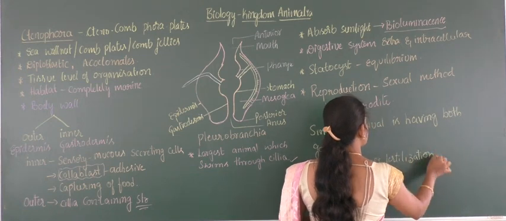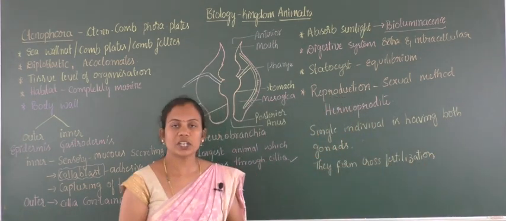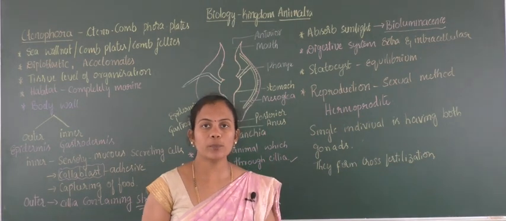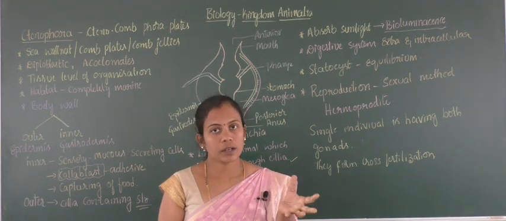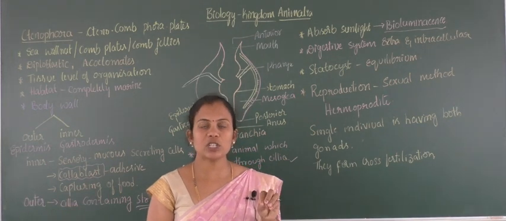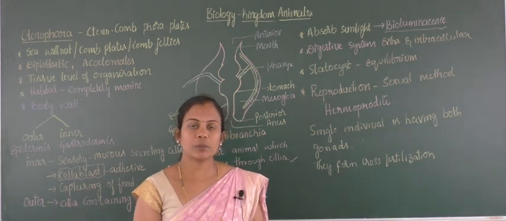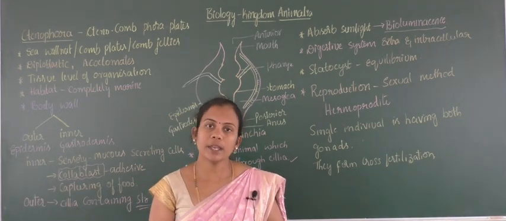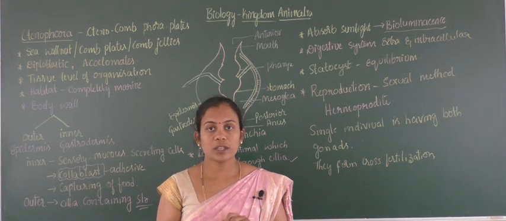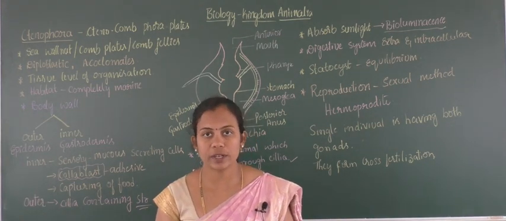In the earlier session I told you about protogyny and protandry. In protandry, the androecium matures first and later the gynoecium. In protogyny, first the gynoecium matures and later the androecium. This is the way that helps in cross fertilization.